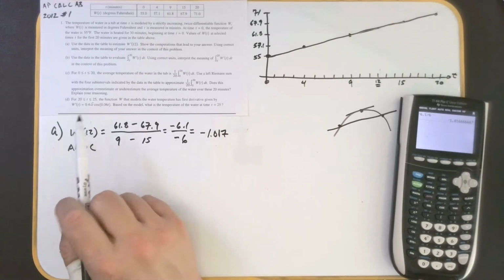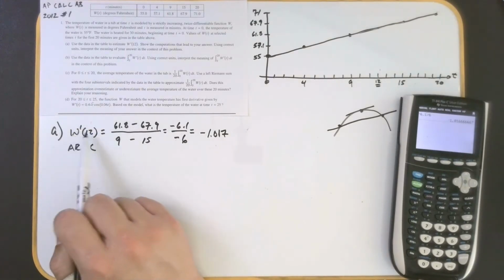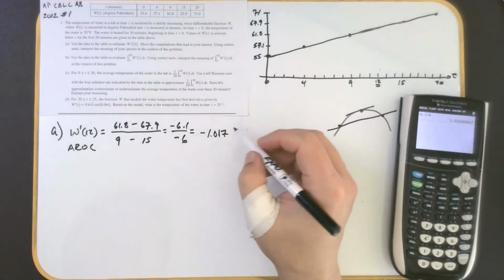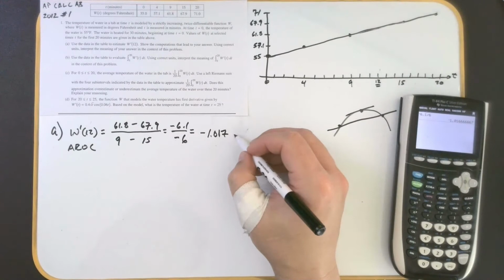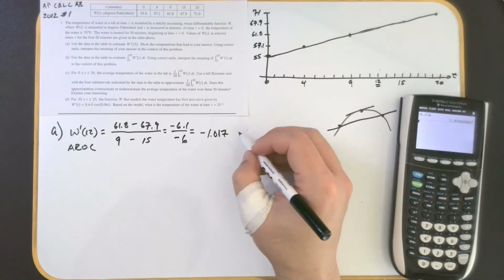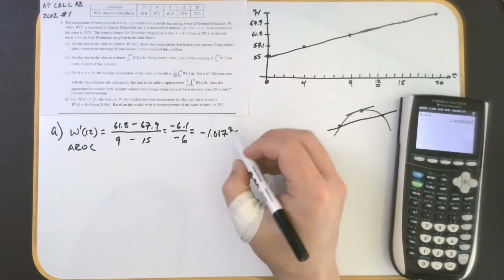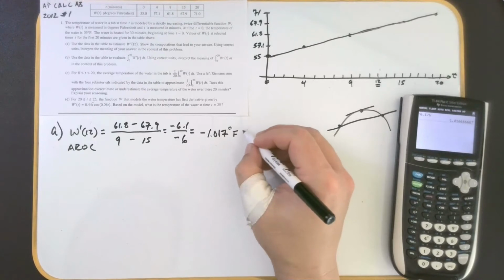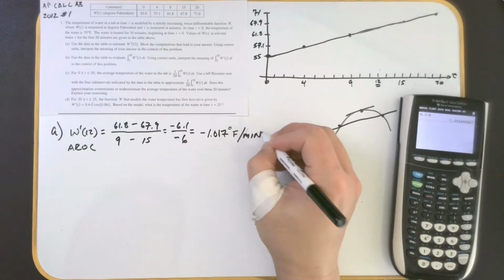So we approximate that the rate the water temperature is changing at time equals 12 is negative 1.017 degrees Fahrenheit per minute. So we could do a degree symbol with an F.